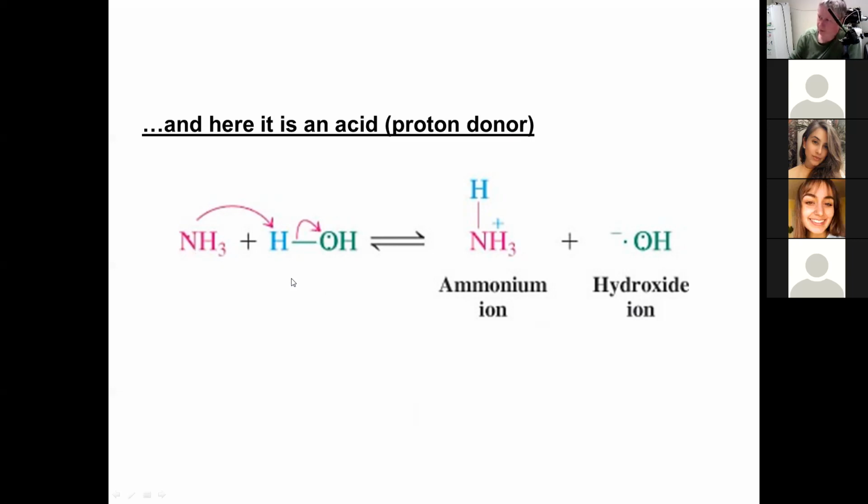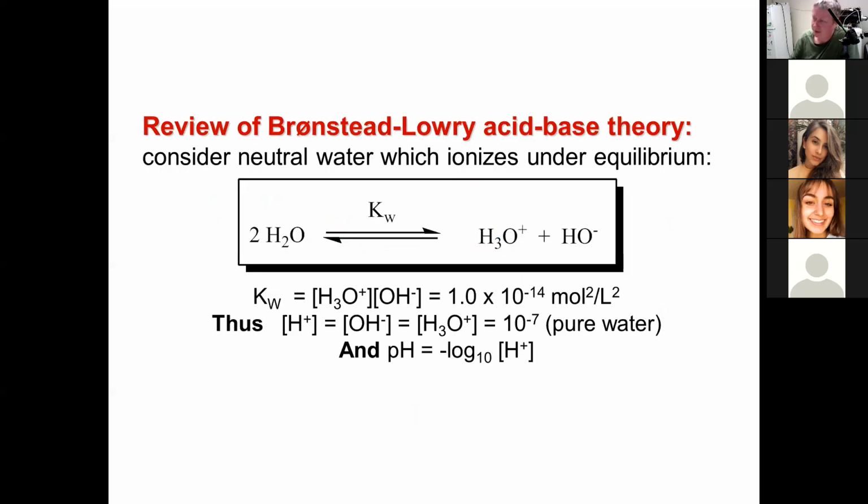Okay, we will do the last slide. All right. So this just shows review of Bronsted-Lowry acid-base theory. Water is in equilibrium with 2 waters, or in equilibrium with H3O+ and OH-. Okay, this is Gen Chem stuff.